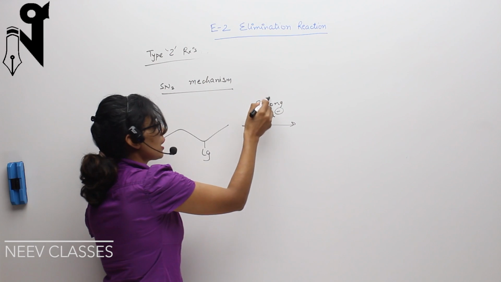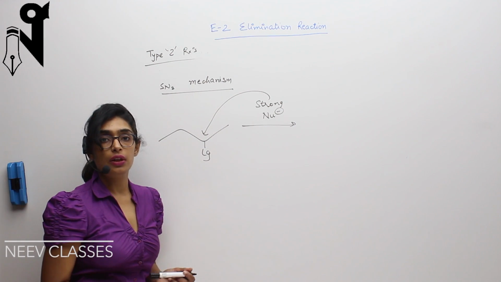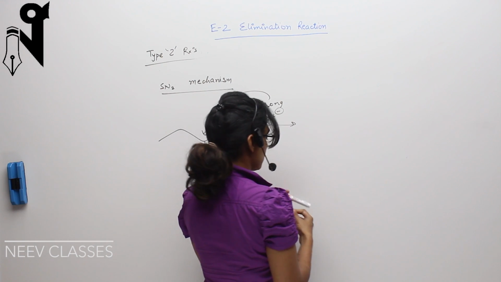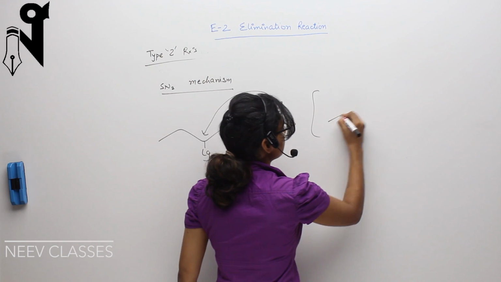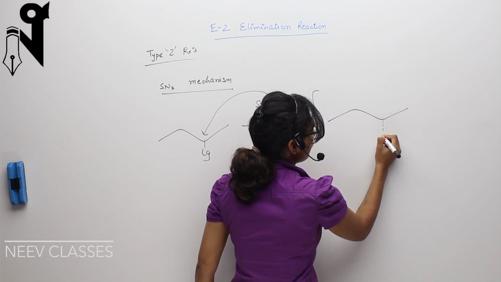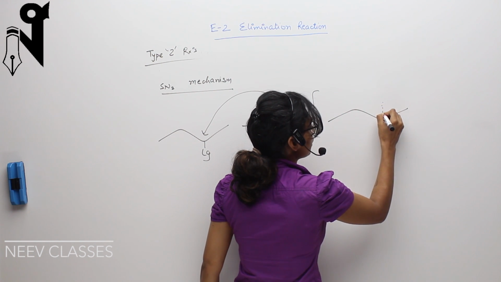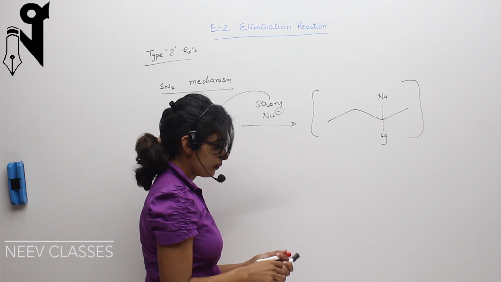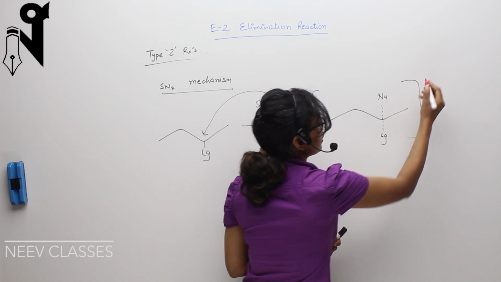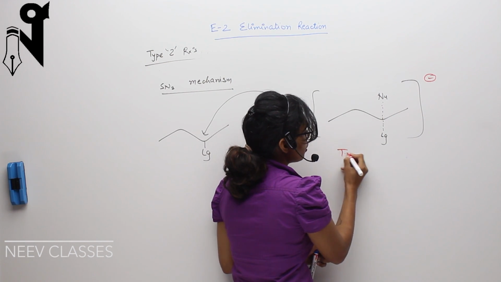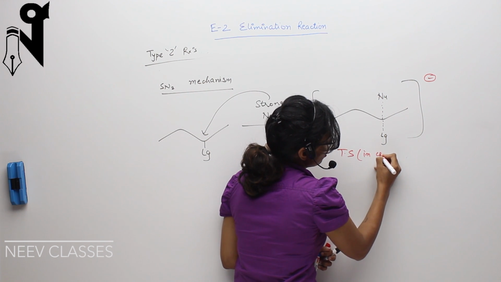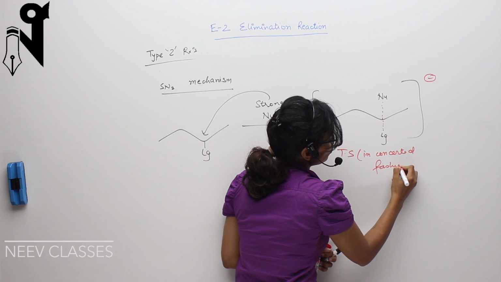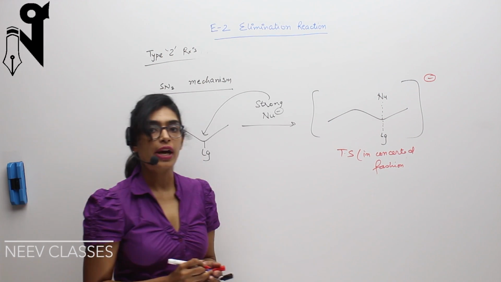Instead, it will directly attack the carbon where the leaving group is present from the opposite direction and form a transition state like this, where the leaving group is leaving and parallelly the nucleophile is forming a bond with the carbon, and we call it a transition state in concerted fashion. So what does concerted fashion or concerted reaction mean?